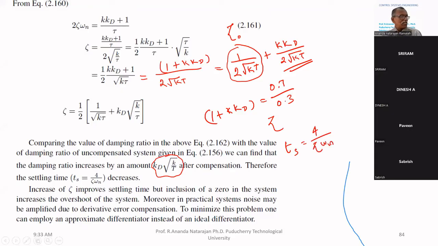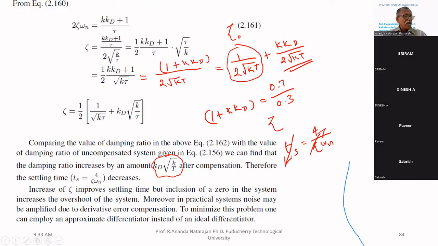As zeta increases, settling time will decrease. Therefore, derivative compensator will decrease settling time. In other words, it reduces oscillation, because zeta is increased from 0.3 to 0.7.